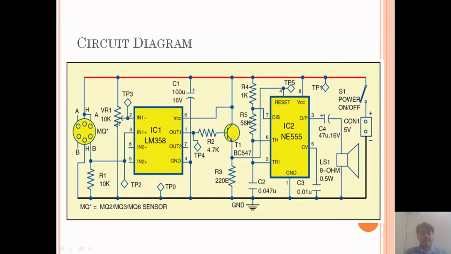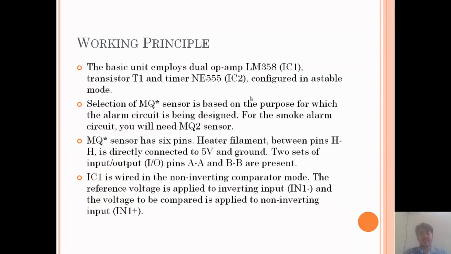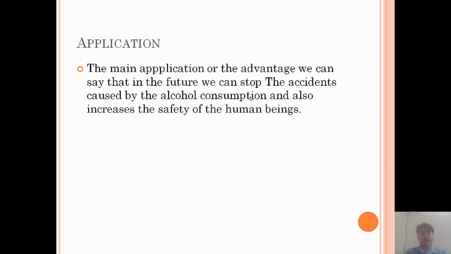TP4 will be as per the given battery, that is 5 volt if we get output from this IC. TP5 will be high according to the alcohol breathed. So these are the test point voltages, and we have completed our working.